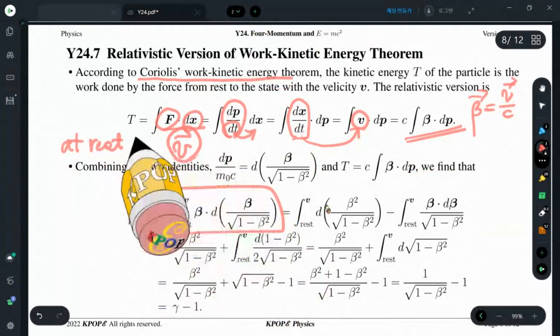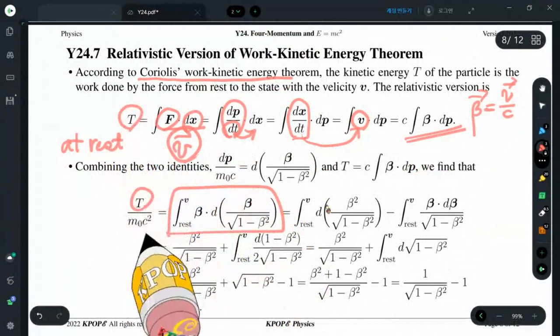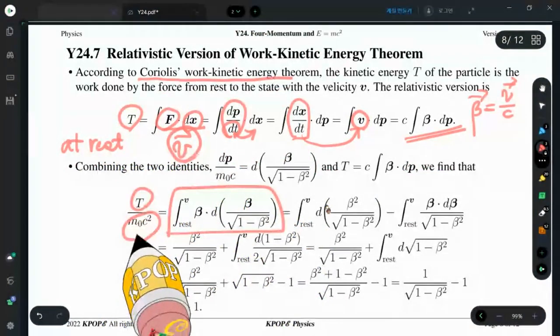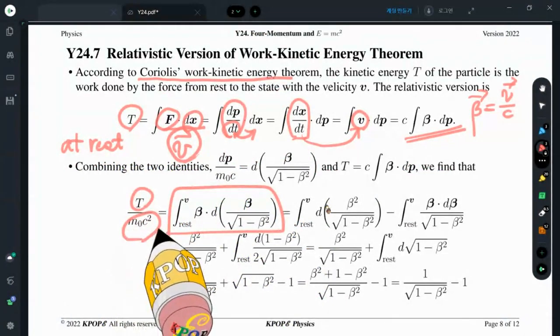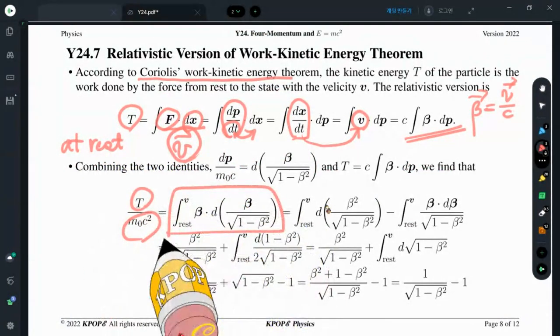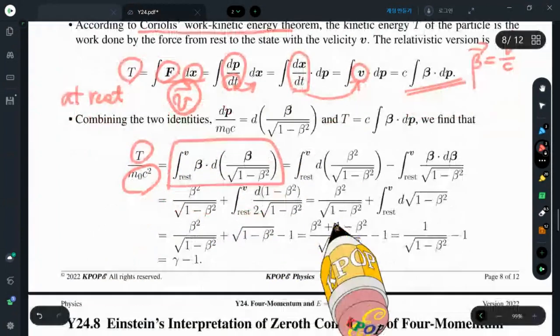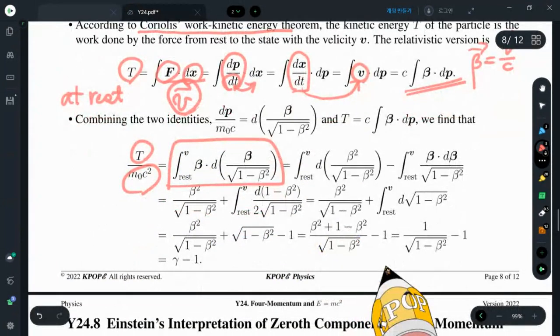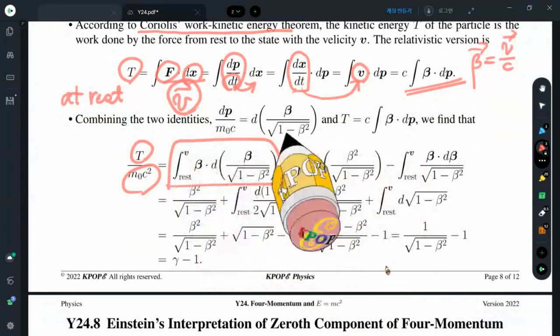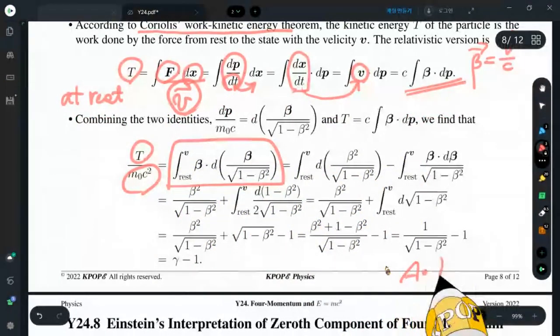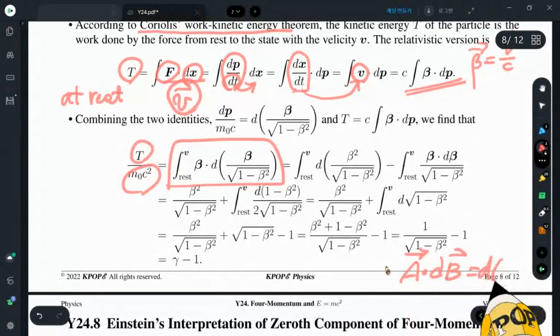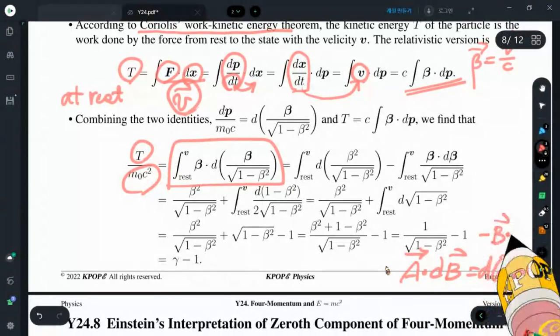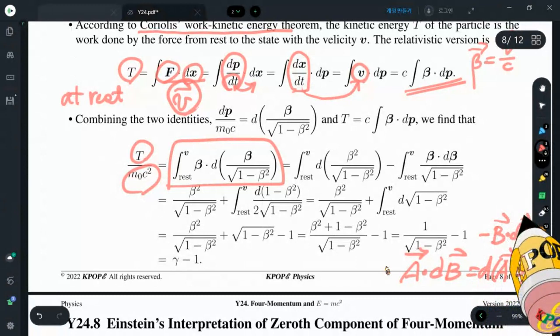So the kinetic energy, divided by a constant that is m0 c squared, is this integral. We can make use of integration by parts. So this is some vector times this. So this is a total differential of a scalar product subtracted by b dot dA, something like that.